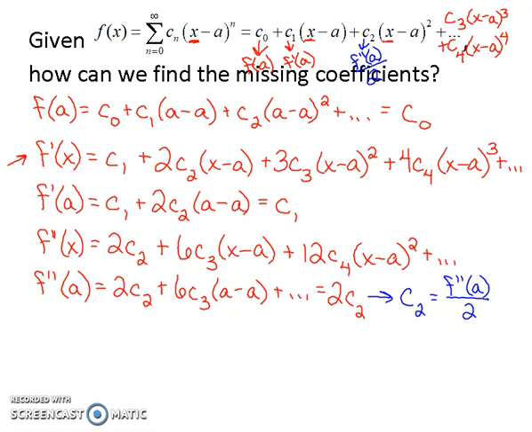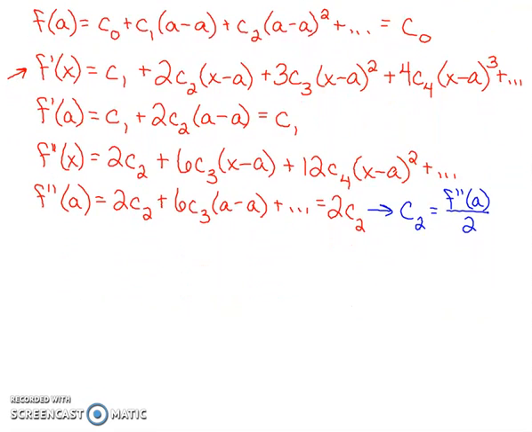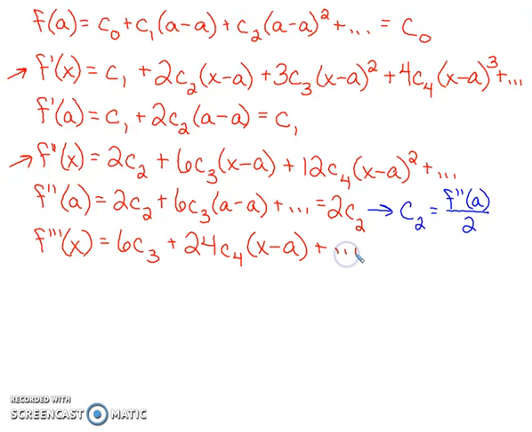All right, let's do one more. See if you can see the pattern. So now let's do the third derivative. If I go up here to f double prime and take its derivative, 2c sub 2 goes away. The next piece becomes 6c sub 3, then plus 24c sub 4 times x minus a, and so on.